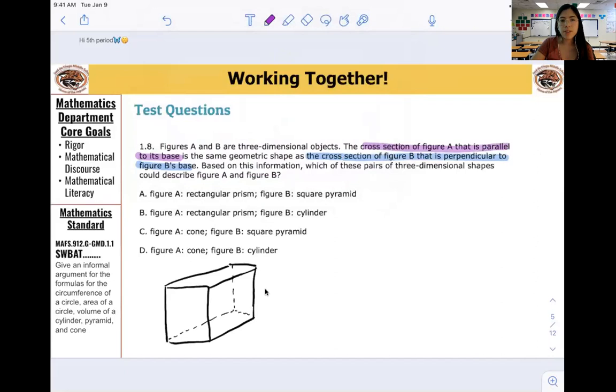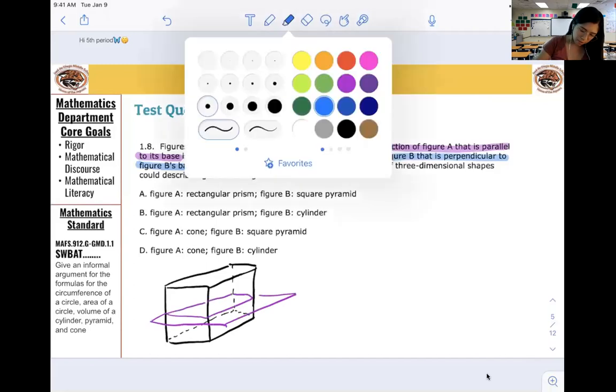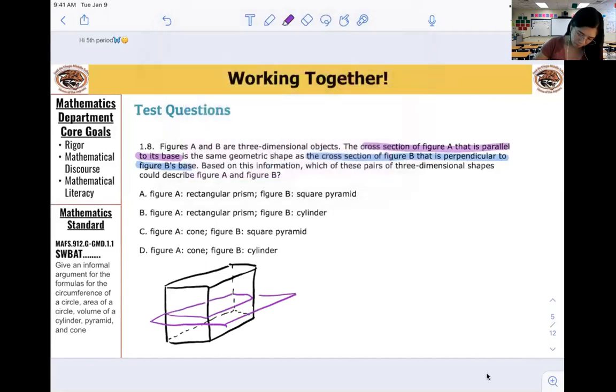What would the cross section be that is parallel to the base? A rectangle, yeah. If you cut this guy parallel to the base, you will have a rectangle on the inside. Okay, there's my rectangle. So parallel, rectangle.